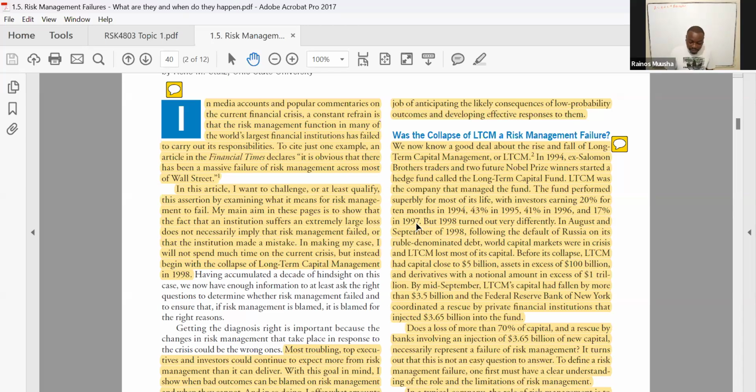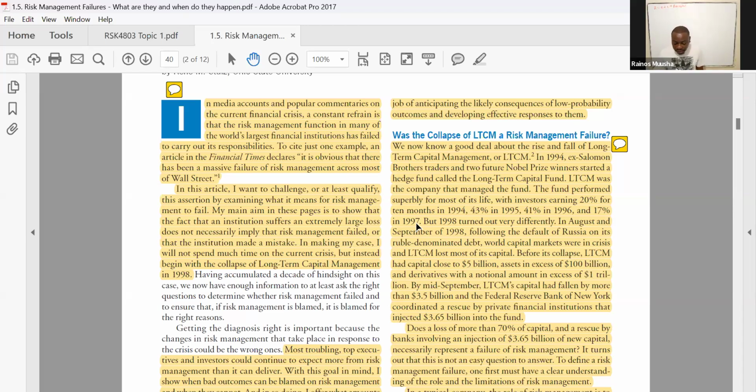But here they say, but 1998 turned out very differently. In August and September 1998, following the default of Russia on its ruble-denominated debt, world capital markets were in crisis, and LTCM lost most of its capital.